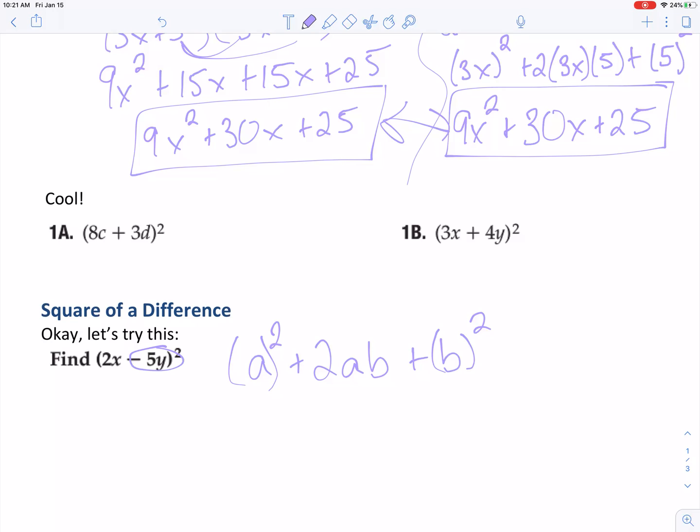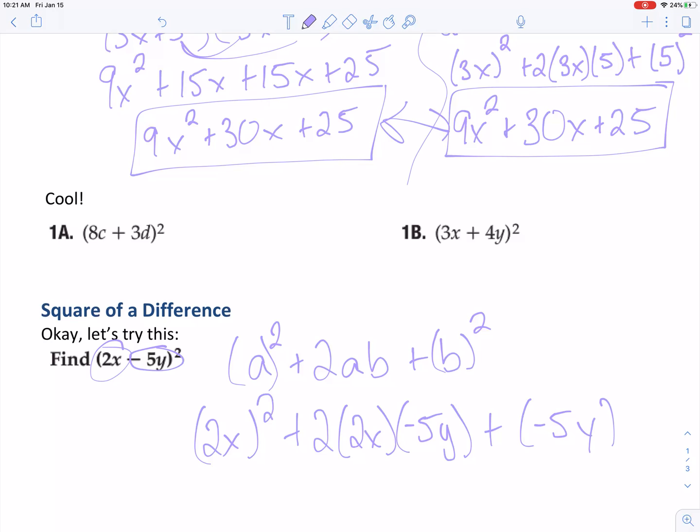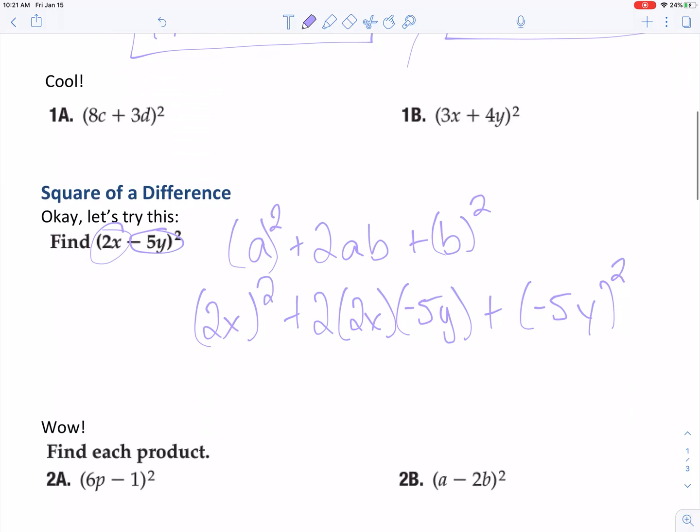Put those in parentheses if you want. So a is going to be 2x. And then b, again, keep the negative with it, negative 5y. And what we discover is that a negative 5 squared, a negative times a negative, oops, sorry about that, negative times a negative is a positive, so that's going to be a positive 25y squared.